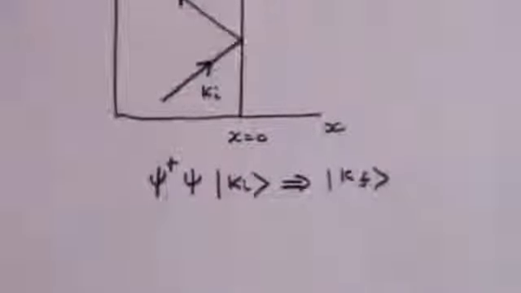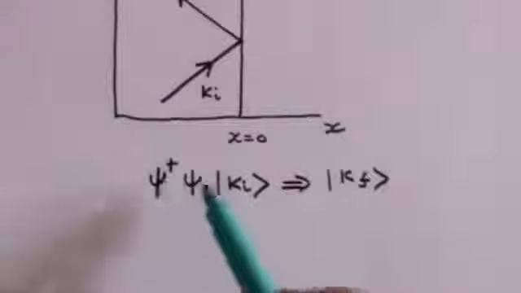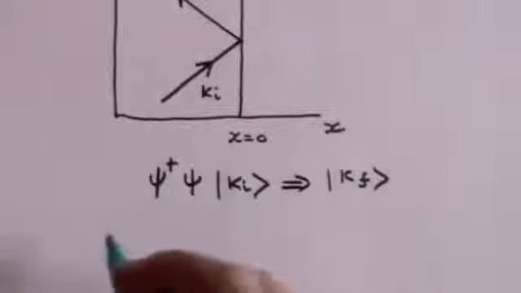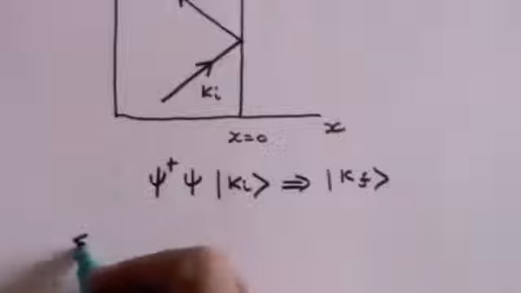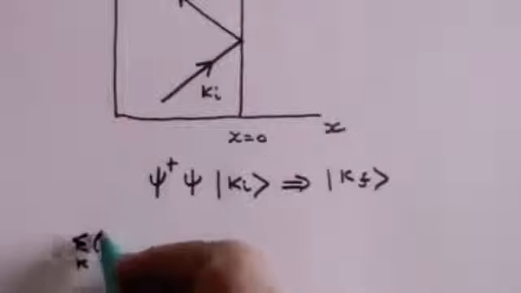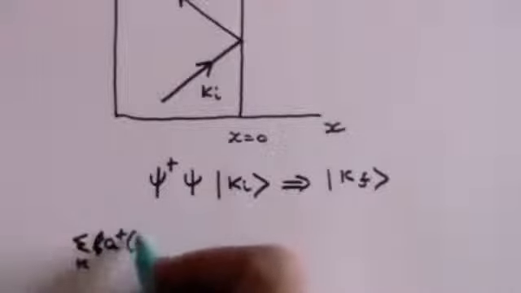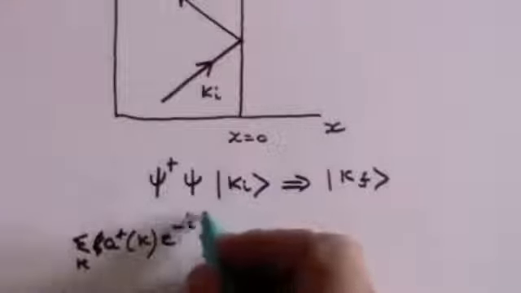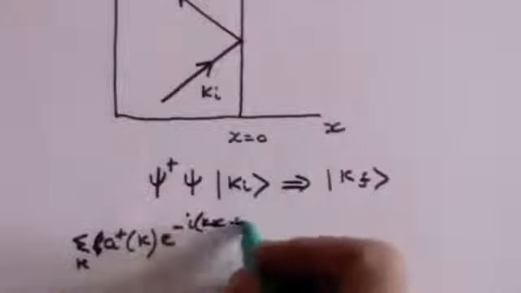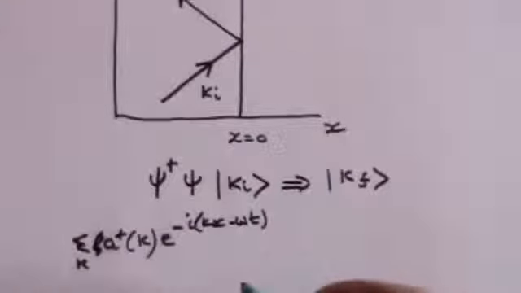So if we put that in terms of the mathematics that we developed last time, what we can say is that this term, psi dagger psi, will be the sum over k of a+ of k e to the minus i (kx minus omega t).